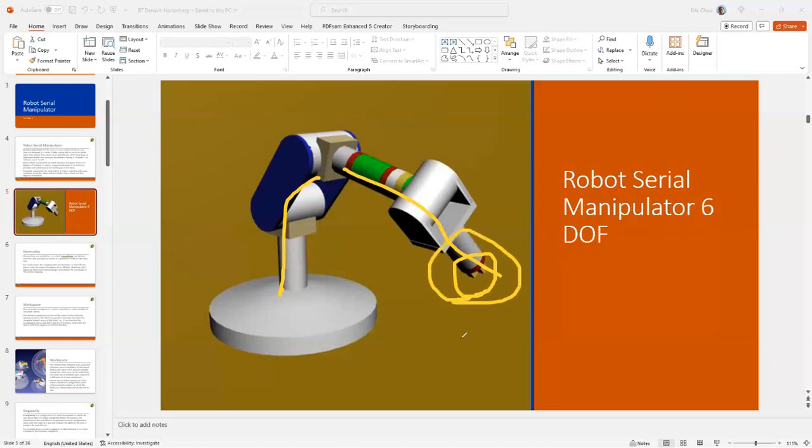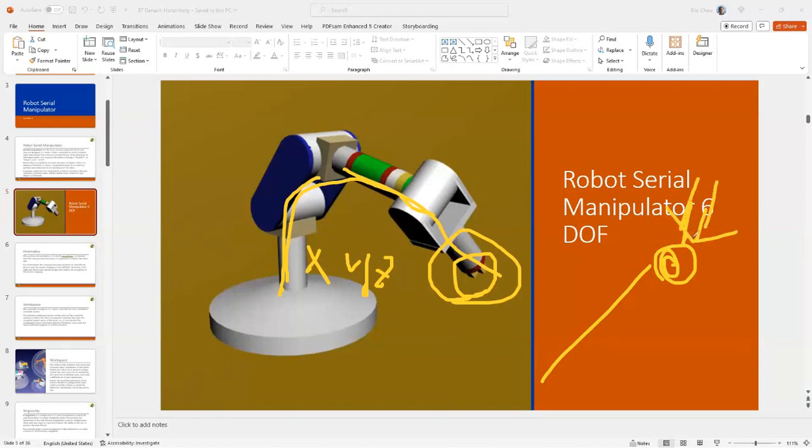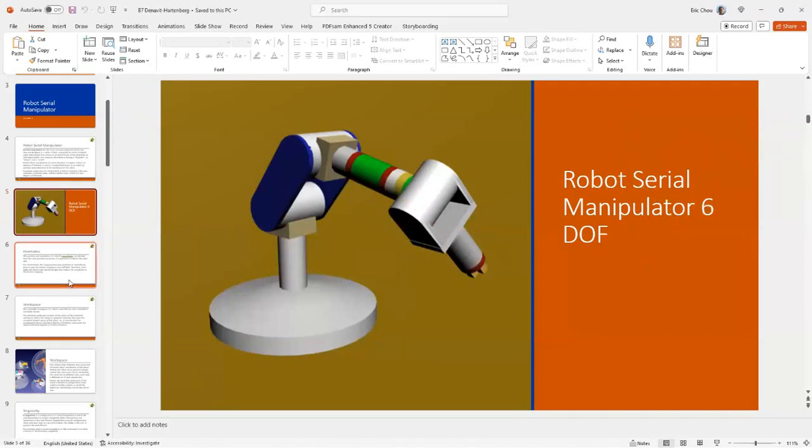You may have an XYZ coordinate, and you use your robot arm to control the hand at a certain XYZ location. Then the local robot operation, we usually call it the robot wrist. So you do rotation, finger open, finger close. Those are operations on the finger or robot wrist.